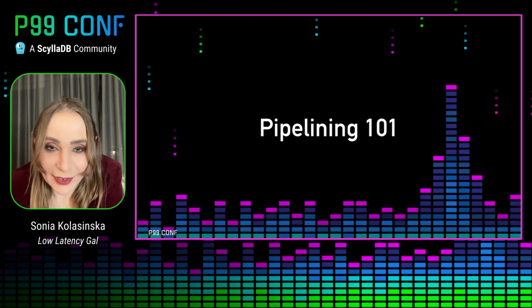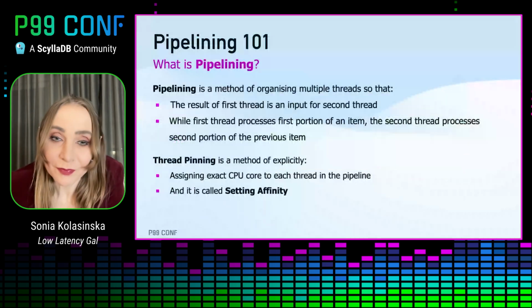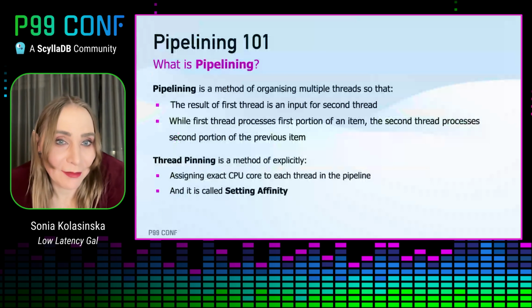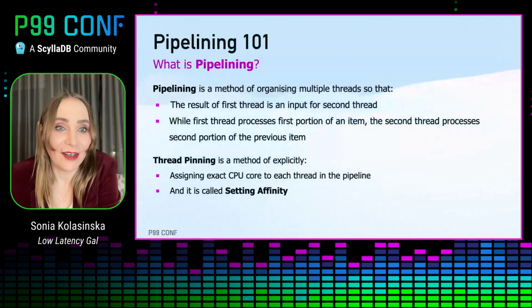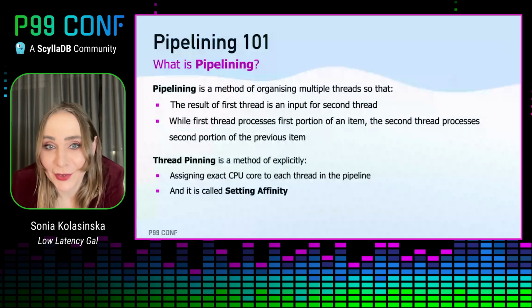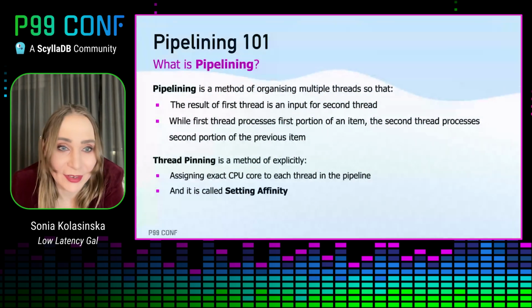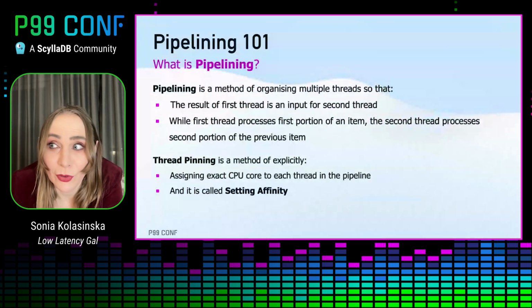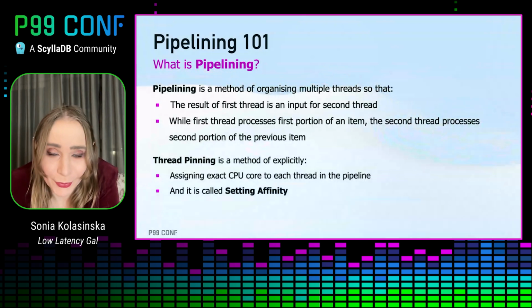Okay, let's talk about pipelining. So pipelining is a method of organizing multiple threads so that the result of the first thread is an input to the second thread, while the first thread processes the first portion of an item, the second processes the second portion of an item, right? So let's say that on a picture, but the items are basically split into portions.